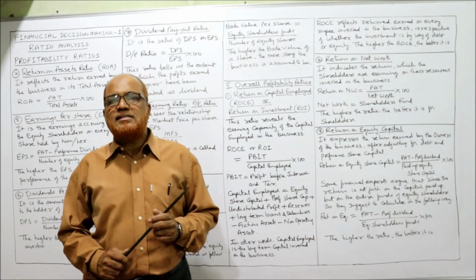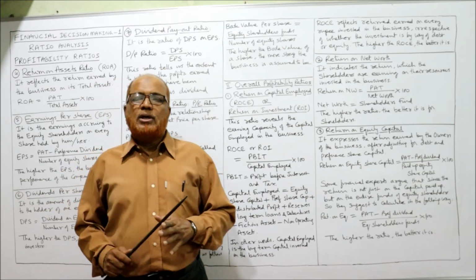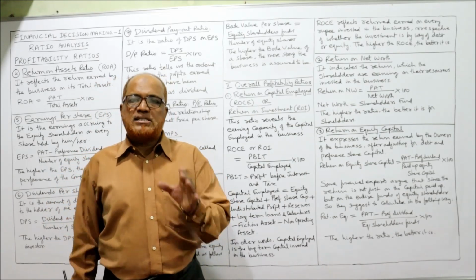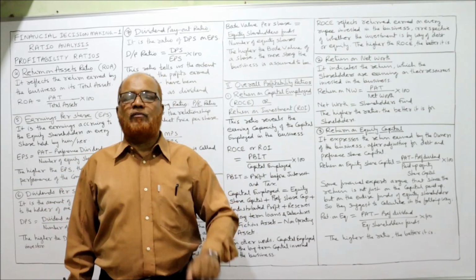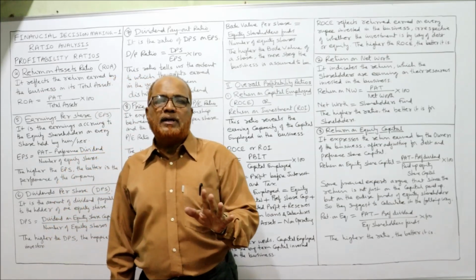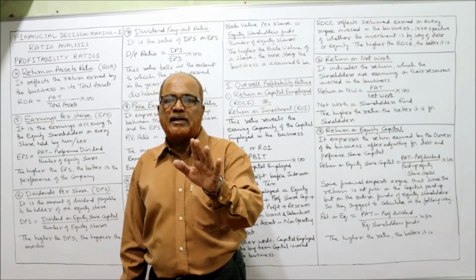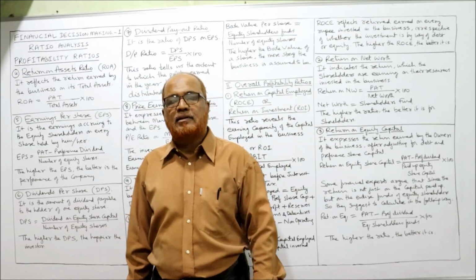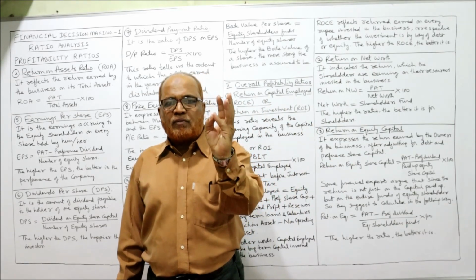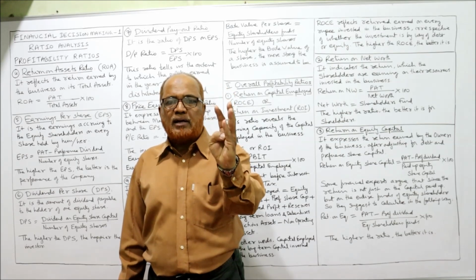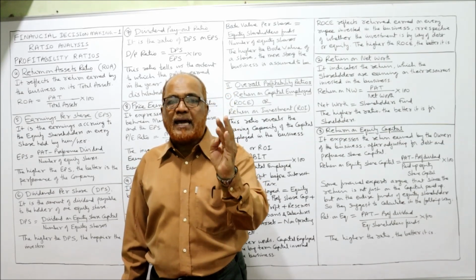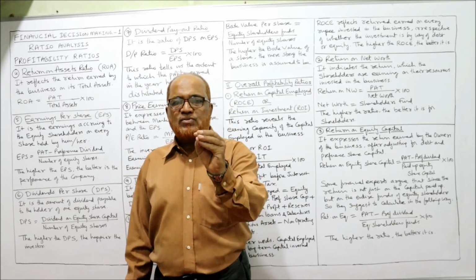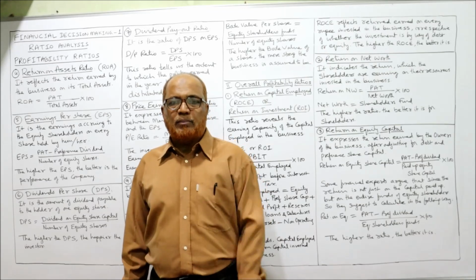So far we have discussed the profitability ratios. Those ratios are divided into two categories: general profitability and overall profitability. The general profitability ratios are those which are related to revenue from operations or sales. So 5 ratios: gross profit ratio, net profit ratio, operating profit ratio and expenses ratio. These are the general profitability ratios.